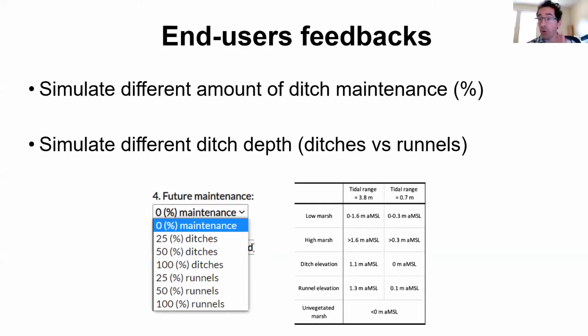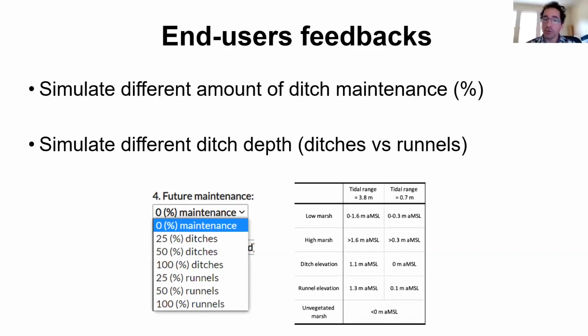So do we maintain all the ditches, meaning everywhere there is a ditch, if the ditch is filling in, we're going to maintain it at that depth. So we go there every year, and 100% of those ditches, we maintain them. Or maybe we'd only maintain 50%, meaning that one ditch we maintain, the other ditch, we just let it evolve naturally, which is mostly filling in with sediment and slumping in.